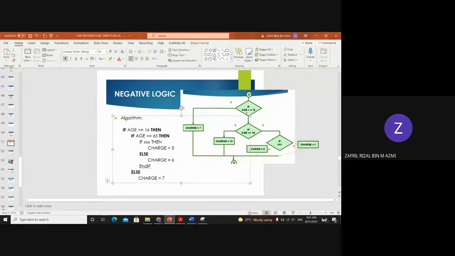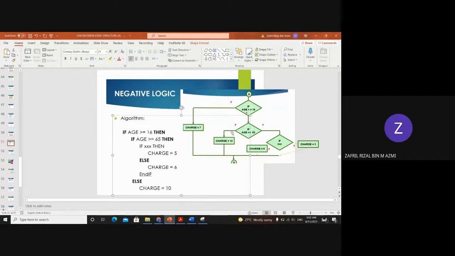So this is in same line with this one. Indent is very important. Okay, and lastly, we look at this one, okay? This belongs to this one. This one belongs to this end.